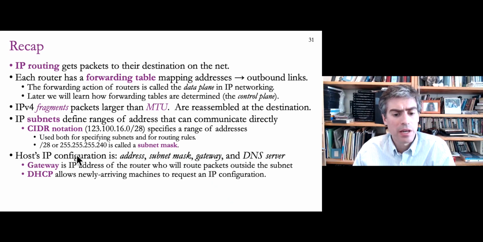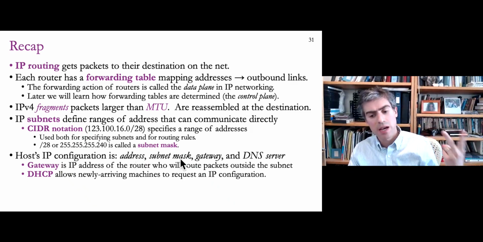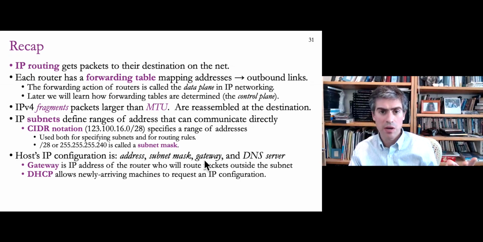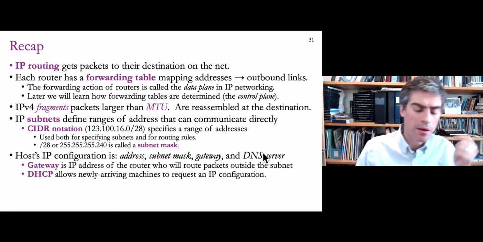To operate on an IP network, a host needs four things: an IP address, the subnet mask, the IP address of the gateway, and the IP address of a DNS server. That fourth one technically is not necessary because you don't need to use host names necessarily, but in practice you really do want to use that. It's a pretty important feature of the internet.